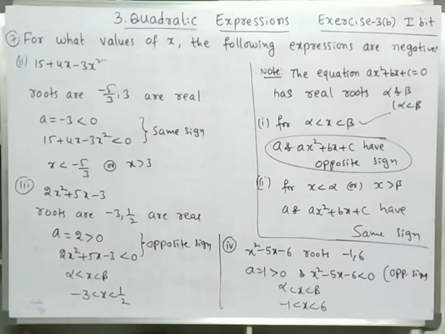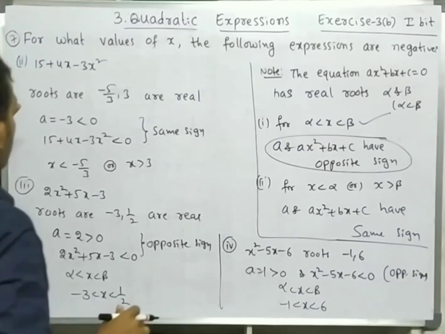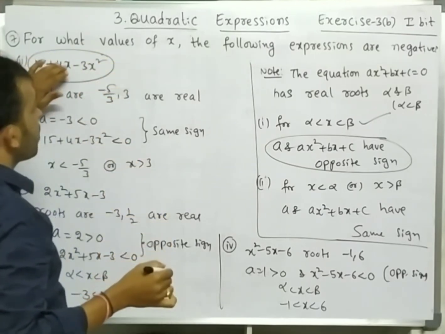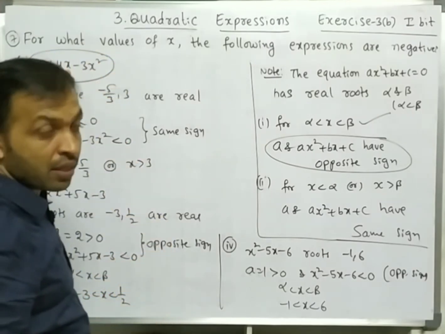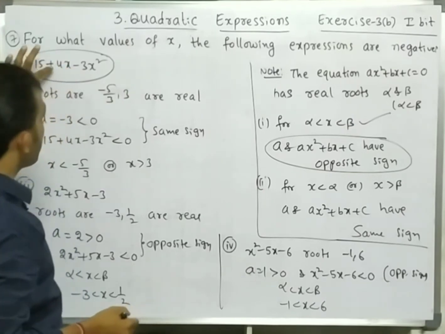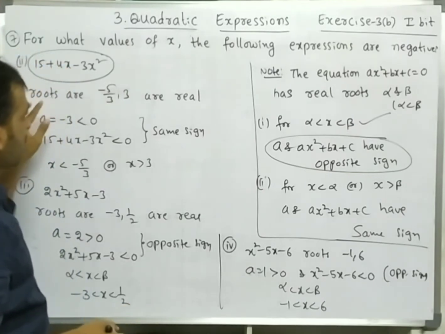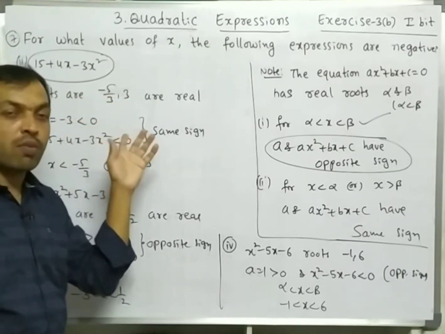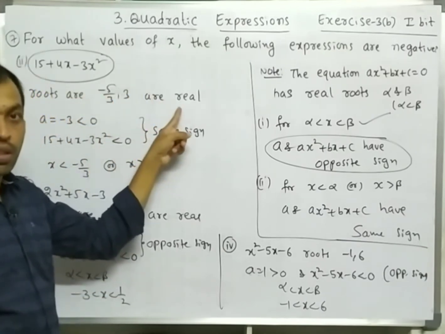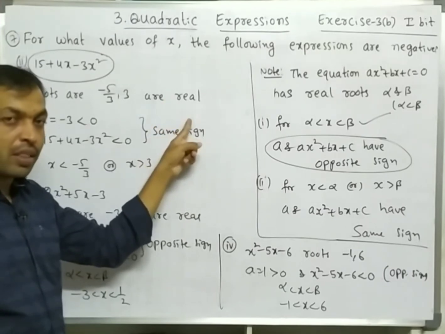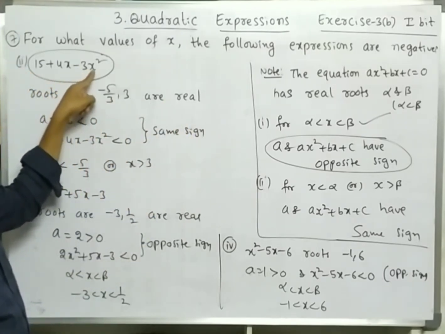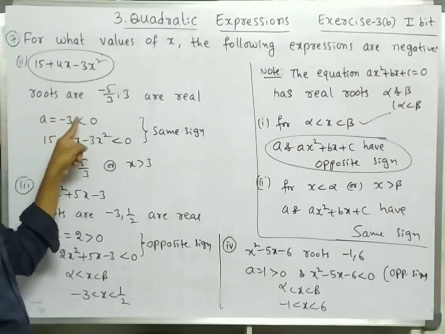These are problems similar to the previous one. So we have to find for what values of x this is negative. Further, first find the roots. By factorization or by using the quadratic formula we can find the roots. So these are the real roots. As these are real roots, immediately find the x square coefficient, that is minus 3, which is negative.